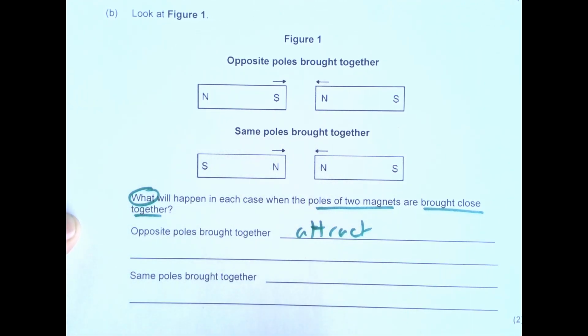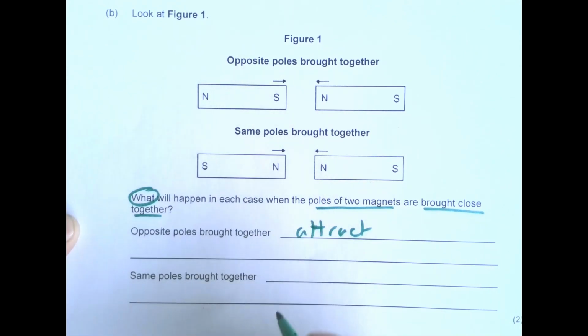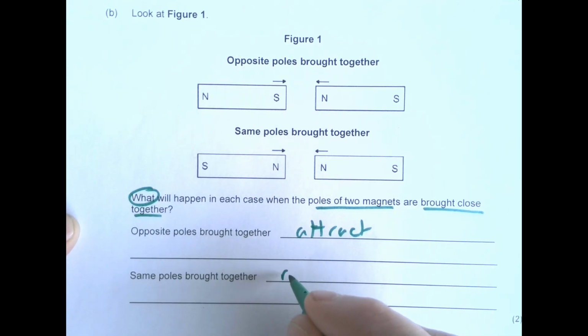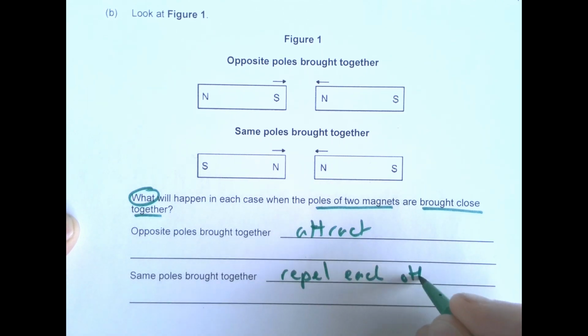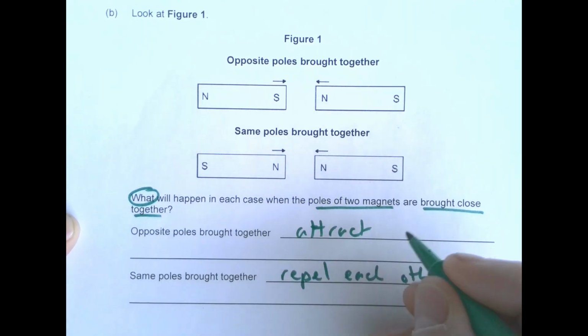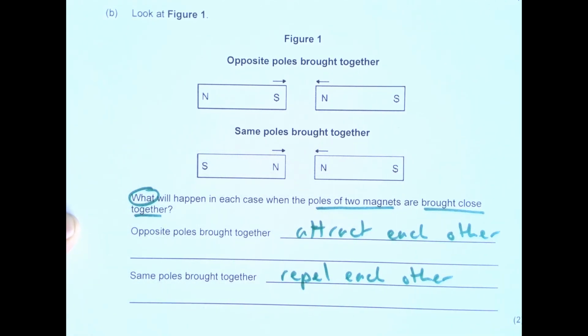If you said pull together, that might be okay, but the key word is attract. And the same poles brought together: opposites attract and likes repel. So they repel each other. I'm just going to add that to make sure that I get full credit.